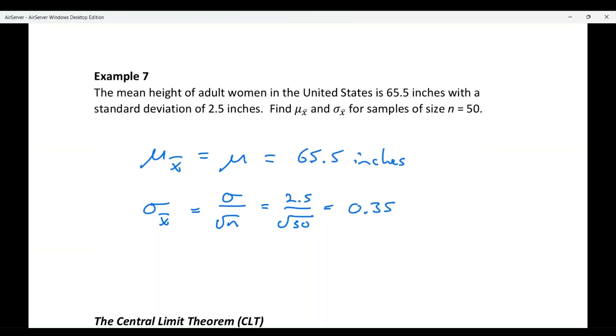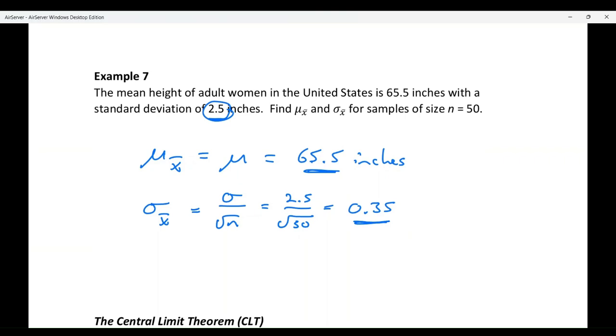But as my sample size gets larger and larger, I would expect these means and standard deviations to get closer and closer to the values that we calculated here. And ultimately, if I get large enough, I'm going to expect my standard deviation to get closer and closer to the 2.5.